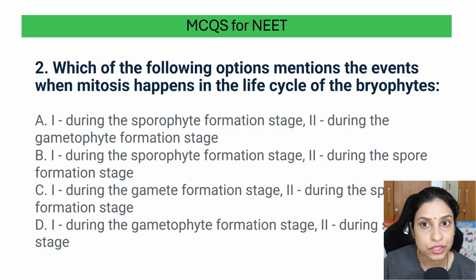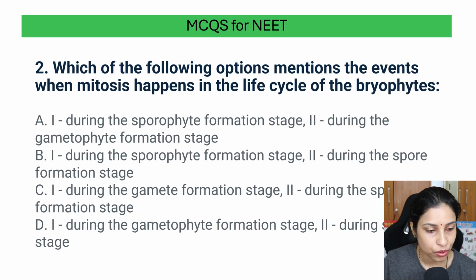Then when is meiotic division happening? During the sporophyte formation stage only mitotic division happens, and during the spore formation stage there is reductional or meiotic division, resulting in haploid spores.